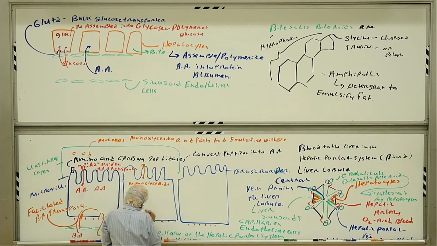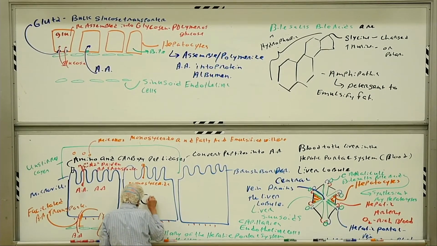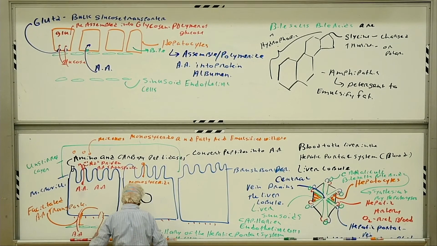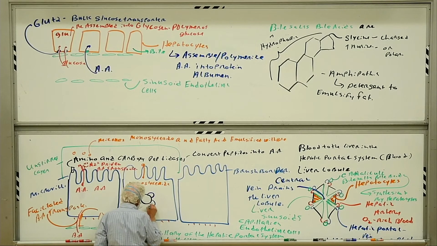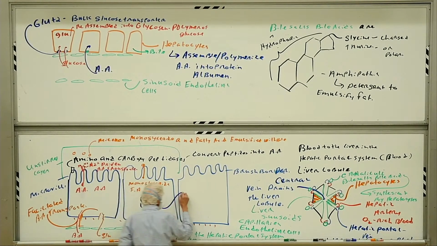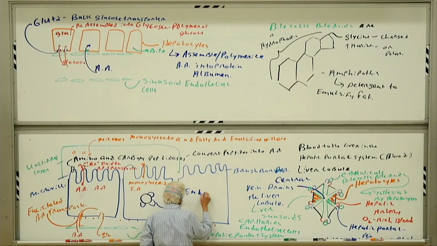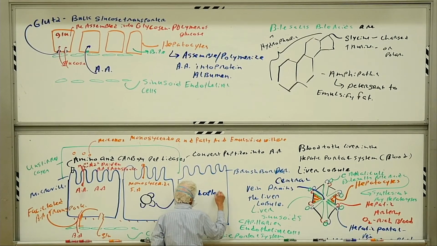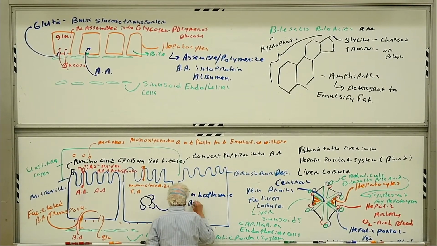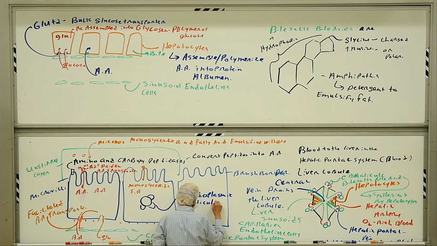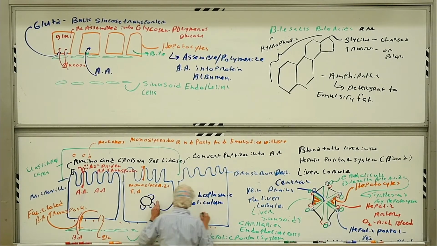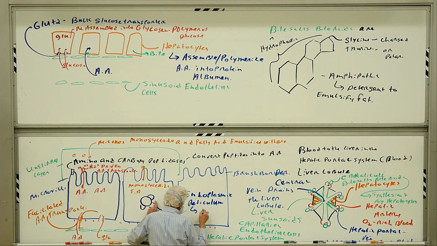because the next fate for these is for those molecules to enter structures that we talked about a long time ago, called the endoplasmic reticulum. And in the endoplasmic reticulum, the triglycerides are reassembled.